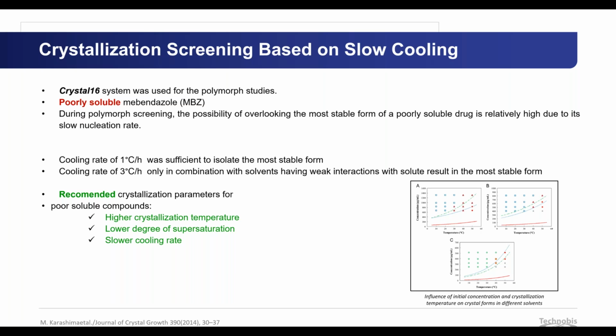And I'm pretty sure you would agree with me that when you have that case, you need to look into high crystallization temperature. Of course, you will increase your temperature, lower degree of saturation, and slower cooling rate.